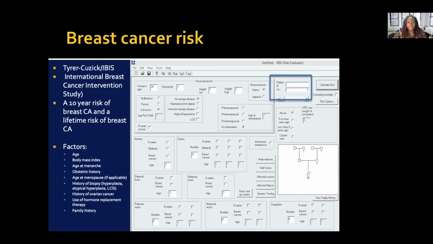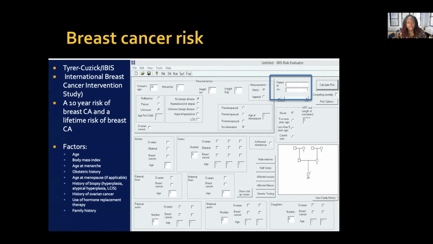The Tyrer-Cuzick, or the IBIS, the International Breast Cancer Intervention Study model, has been a little bit more inclusive of some other factors and is more standardized in our breast cancer risk assessment nowadays, not only in breast surgery, but in radiology, radiation oncology, and in medical oncology. So this is kind of what will help really standardize the breast cancer risk across those specialties that we use now. So the IBIS score is a 10-year risk of breast cancer and a lifetime risk of breast cancer, looking at multiple different factors.